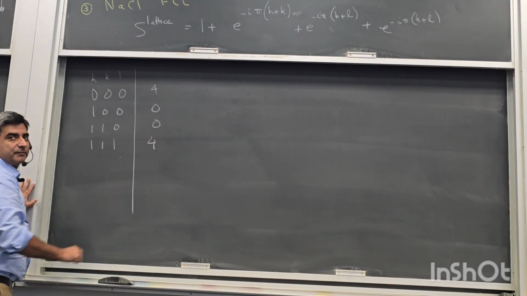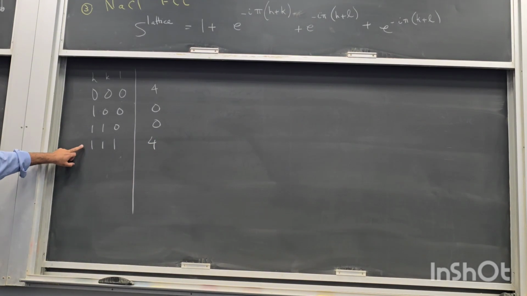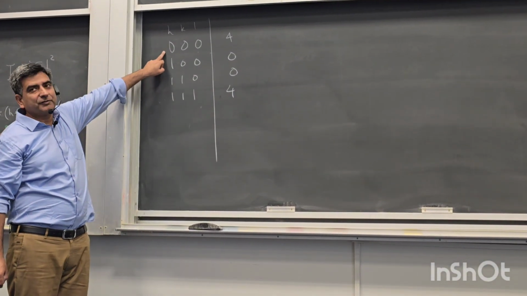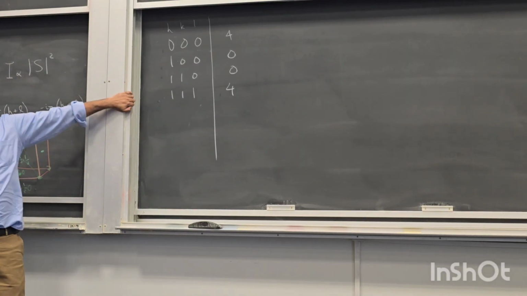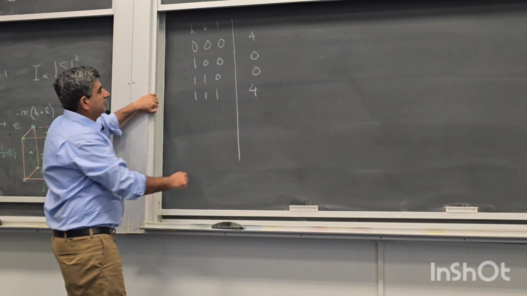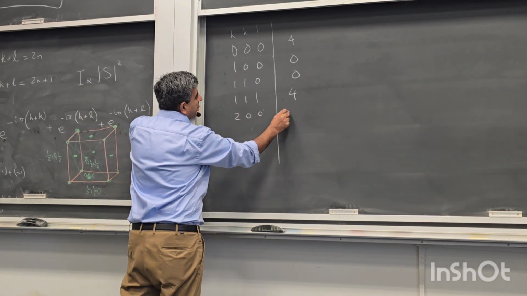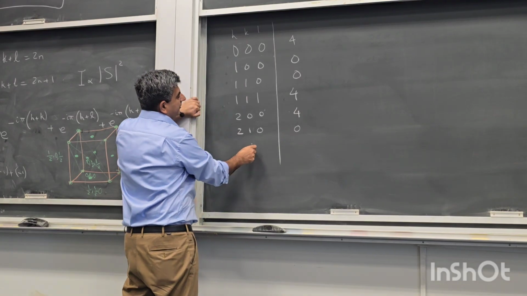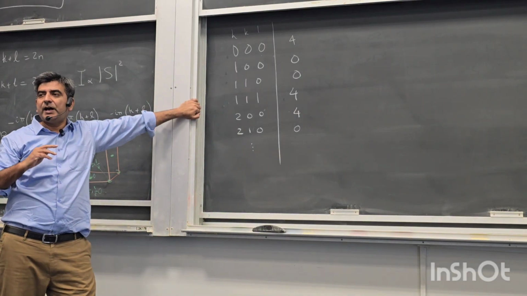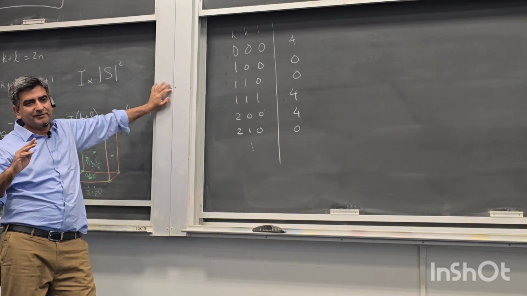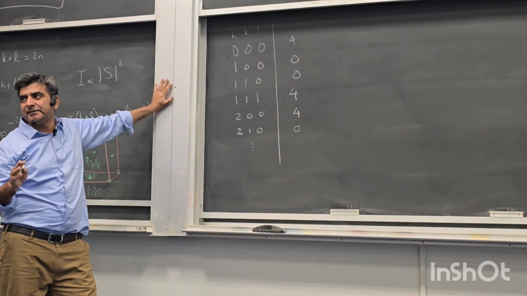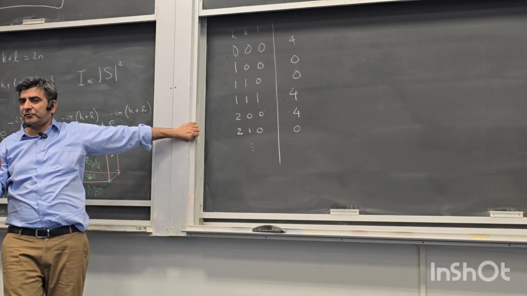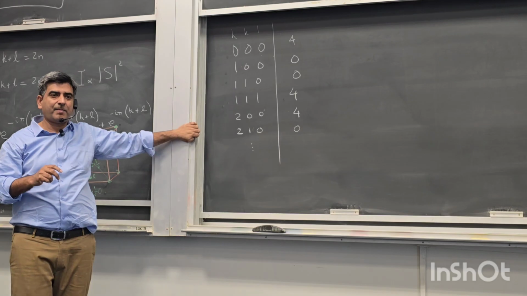I get 4 all the time. Now, these indices are unmixed, they're all odd, so I get a non-zero value. Here I have mixed, even and odd are mixed, so I get 0. 2 0 0 will give me 4. 2 1 0 will give me 0, etc. So only unmixed indices will give reflections, and systematically absent will be those reflections which come from planes that have mixed indices.